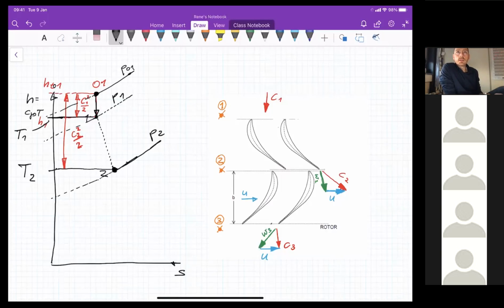The question is, why does the total enthalpy in the stator from point 1 to point 2 not change, right? It's very important to get this right. Not sure if I should reply to this again or should I explain it? Why is the total enthalpy from point 1 to point 2 not changing?